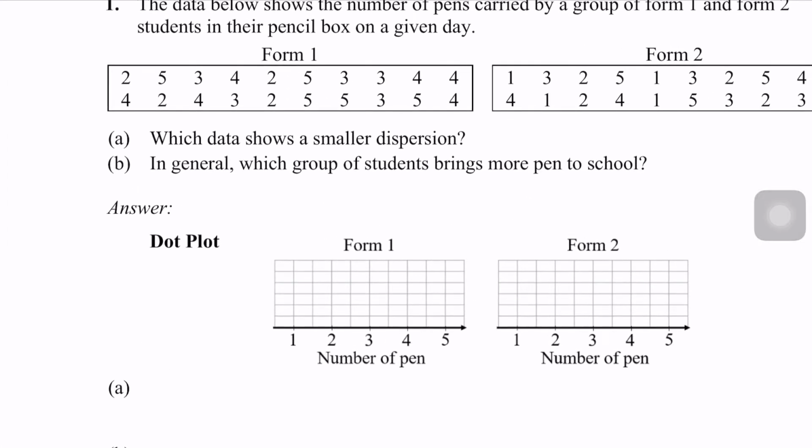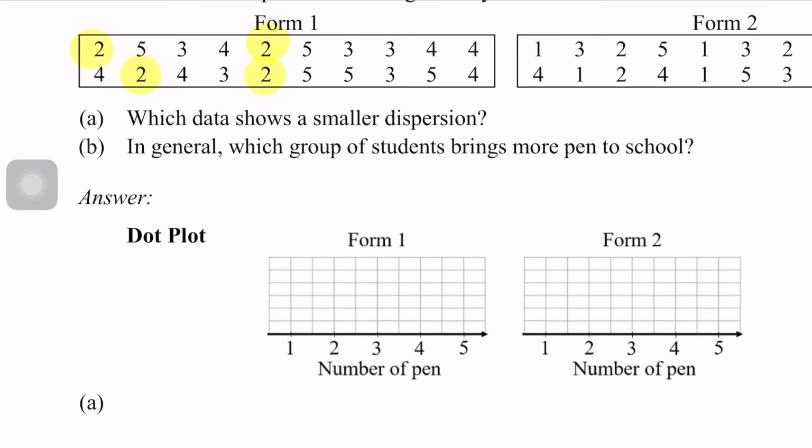So now, kita buat Form 1 dulu. Sama macam tadi. So Form 1, any number 1? No number 1, so tak ada lah. So next kita pilih number 2. Kita ada 1, 2, 3, 4. We have 4, 2 kan.